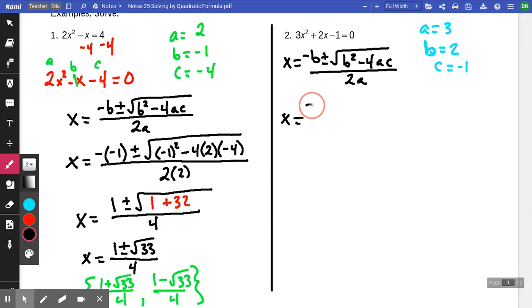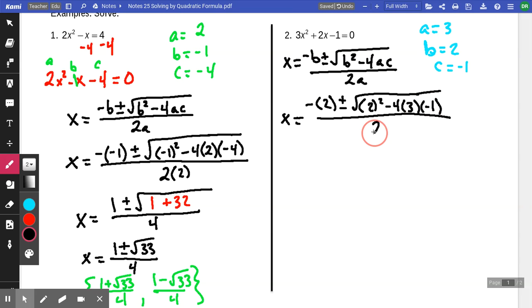So we get minus 2, and then plus or minus the square root of 2 squared minus 4 times 3 times -1. Keep track of these signs here. And we're going to divide by 2 times a, which is 2 times 3.